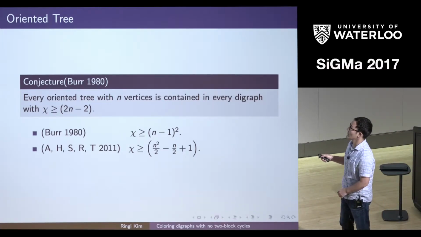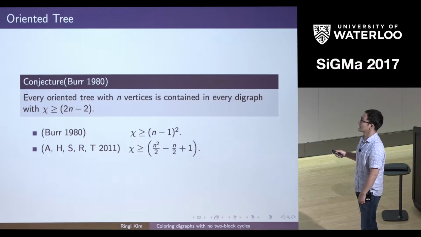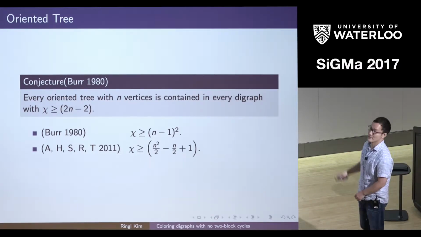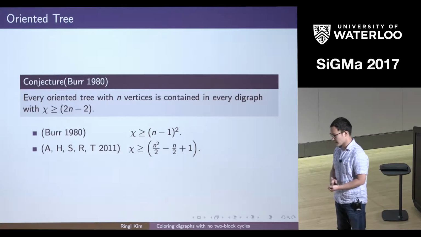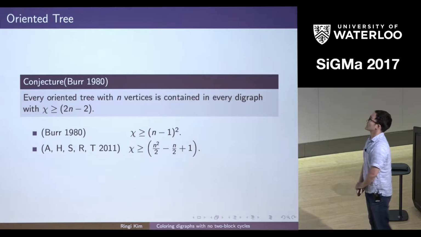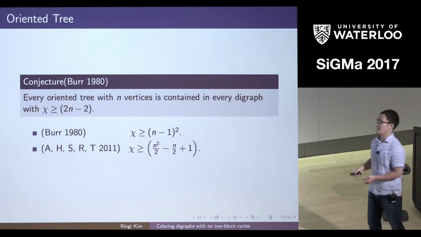Later, Addario-Berry, Havet, Sales, Reed, and Thomassé improved this result. They proved that every digraph with chromatic number at least this contains every oriented tree with n vertices.